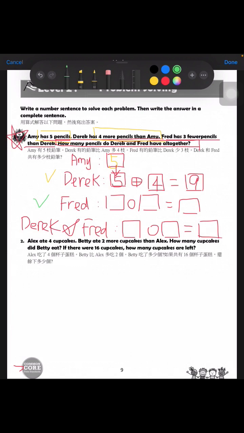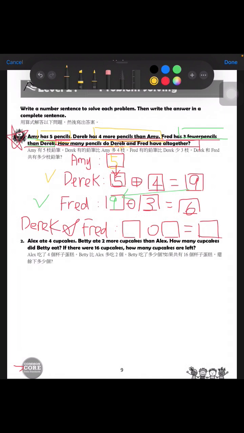So Fred has 3 fewer pencils than Derek. So do we know how many pencils does Derek have? Yes, we have just calculated it, 9. And then because of 3 fewer pencils, we minus 3. So 9 minus 3 equals to 6. Very good. So Fred has 6 pencils.